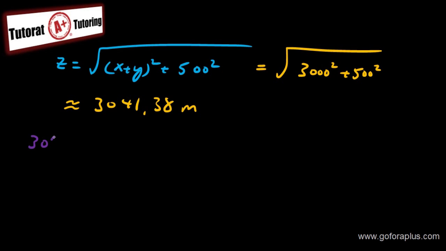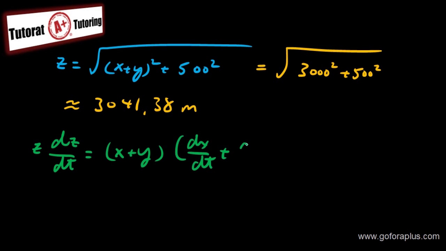All right, so now let's plug into this equation. Let me just recopy that equation so that it is easier for you to follow. z dz over dt equals (x plus y) times (dx over dt plus dy over dt).